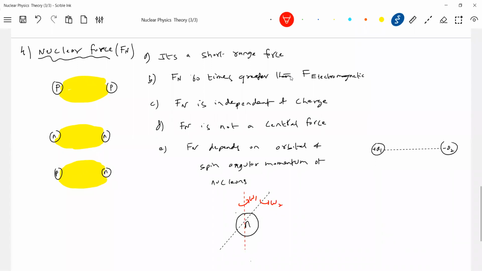So the angular momentum due to spin and the orbital angular momentum together will also determine the nuclear force, not just the separation between them. If it depended only on separation, I would have said central.